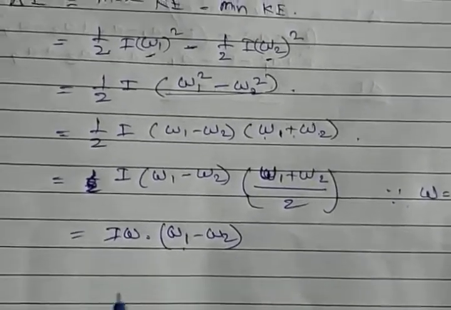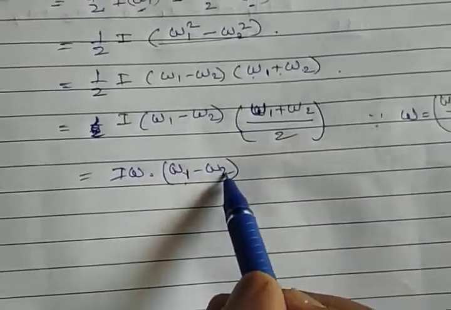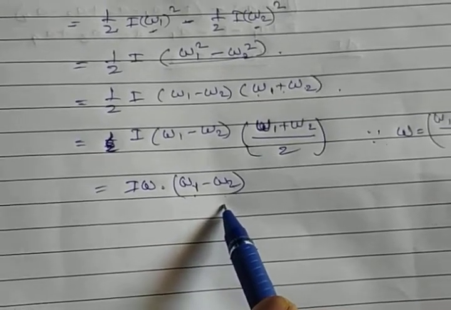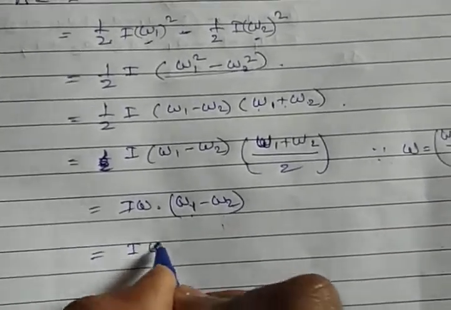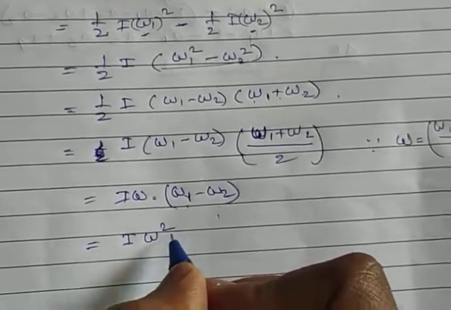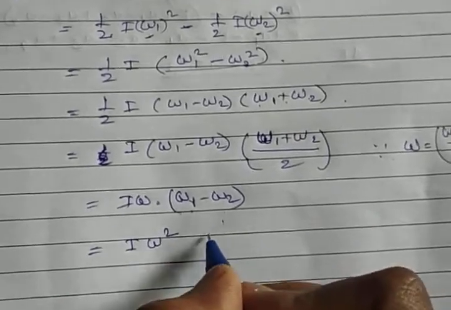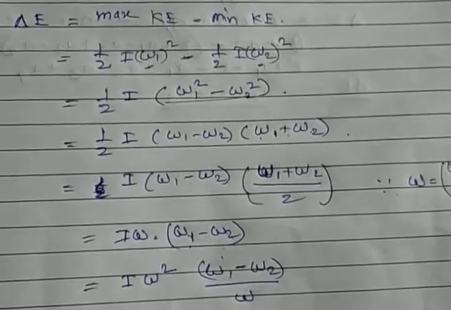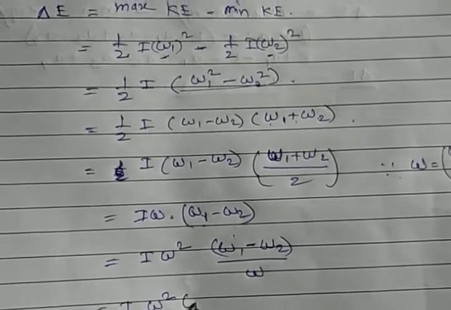Now I can express this in terms of the coefficient of fluctuation of speed. If I divide omega 1 minus omega 2 by omega, I will get Cs. So I multiply and divide by omega: I omega square into omega 1 minus omega 2 divided by omega, which is I omega square into Cs.